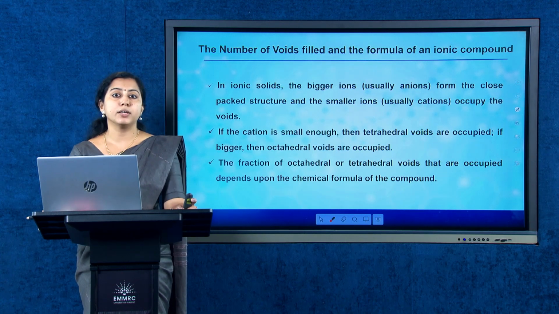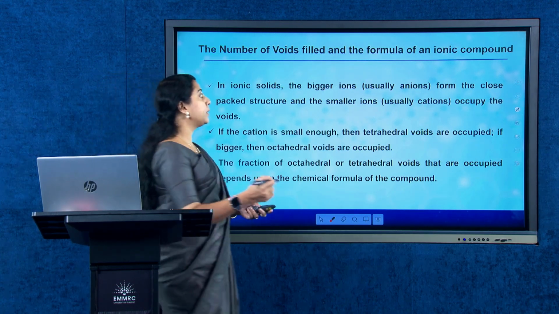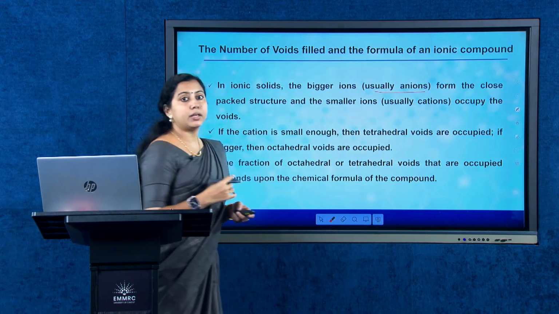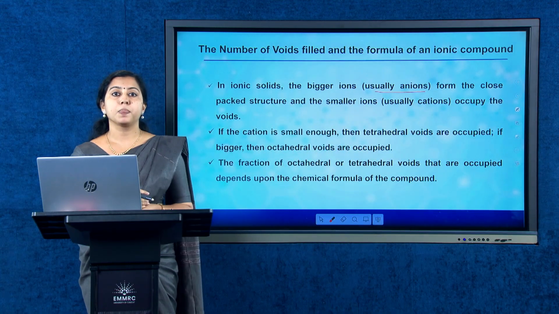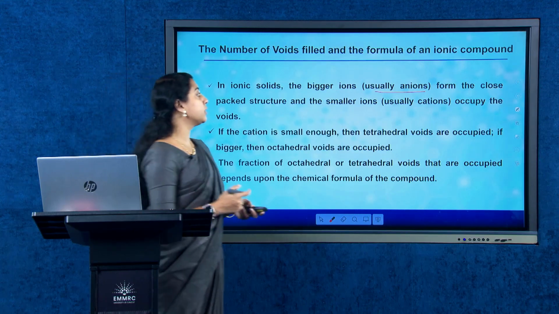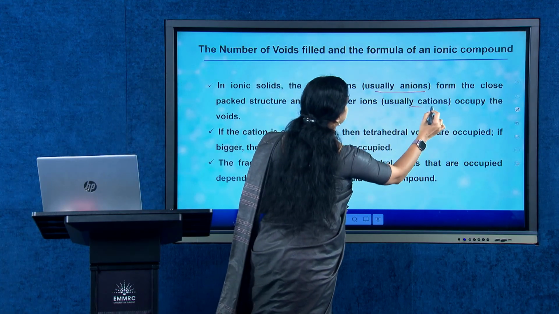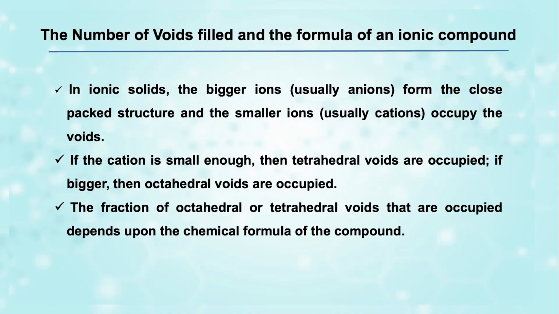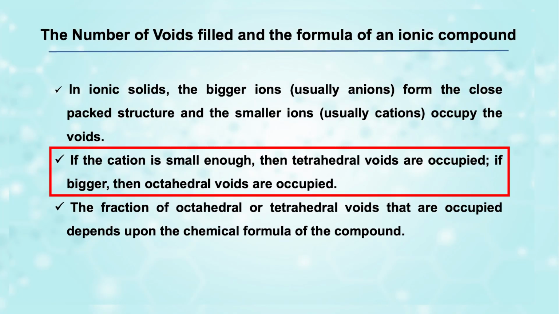In ionic solids, the bigger ions, usually anions, form the close packed structure, and the smaller ions are generally cations. The smaller ions occupy the voids. And if the cation is small enough, then they generally occupy the tetrahedral voids. And if they are bigger, then octahedral voids are occupied.